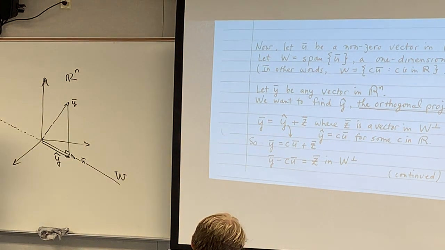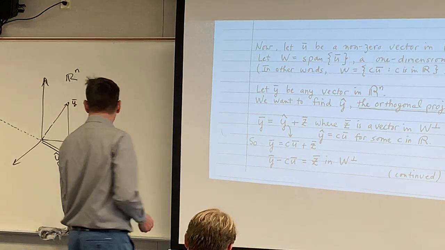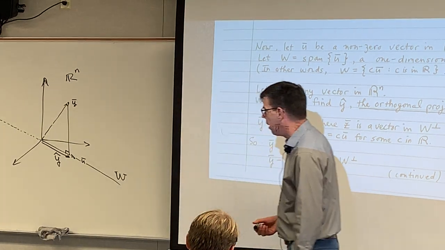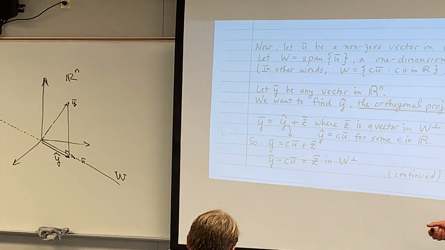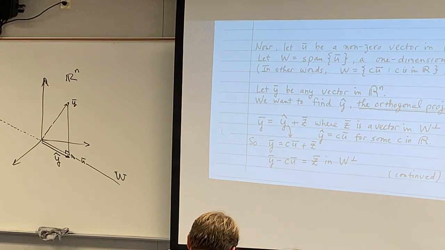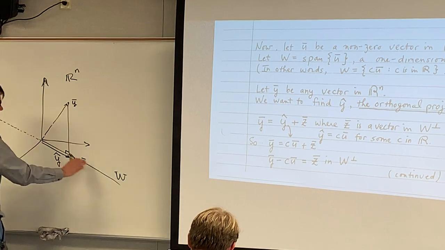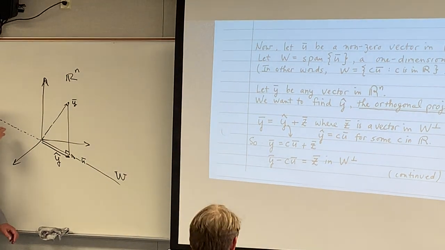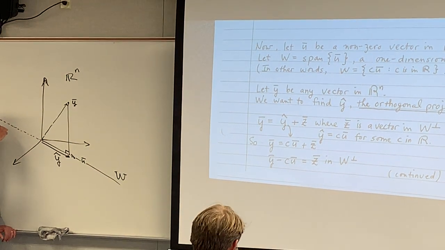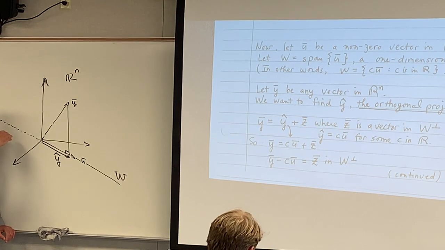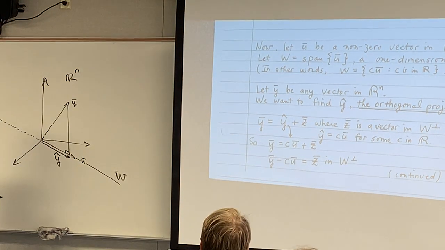Our textbook likes that symbol a lot. That's the projection of y onto W. Now, it does not have to be a line in the xy plane. I'm just also kind of imitating the textbook's picture so we can all be on the same page.